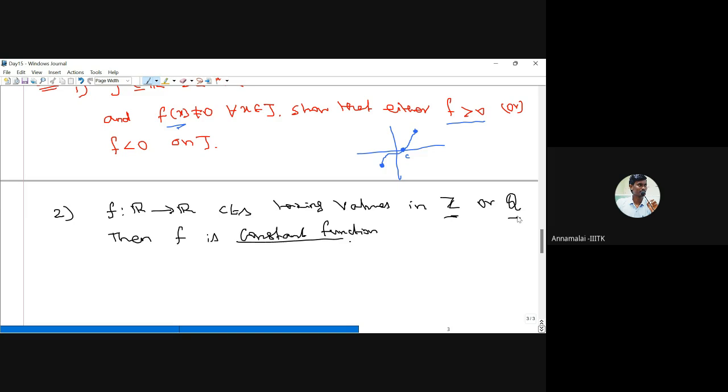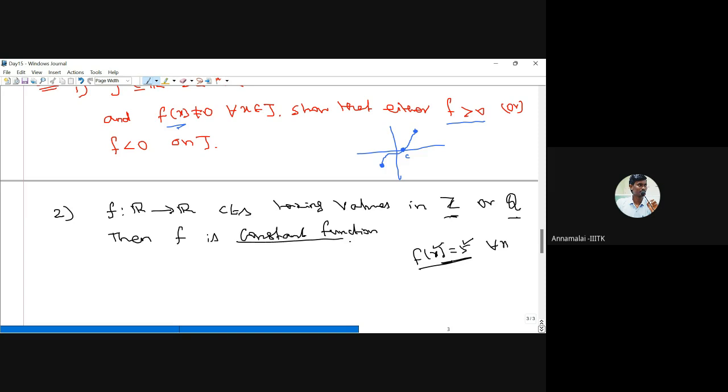This function satisfies our assumption: a constant function is continuous, and if you take some constant like 5, it satisfies our condition. Suppose f of x equals 5 for every x. Then this function is continuous because it is constant, and all points take an integer. So a continuous function that takes discrete values should be a constant function.